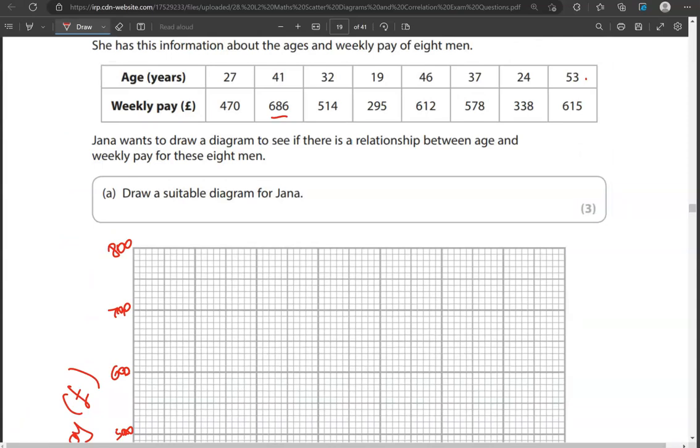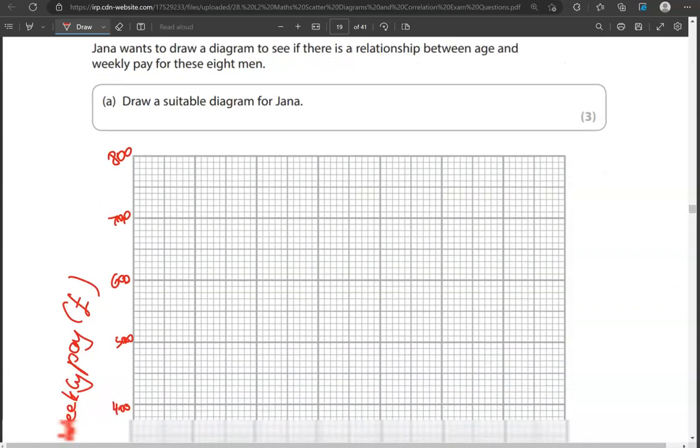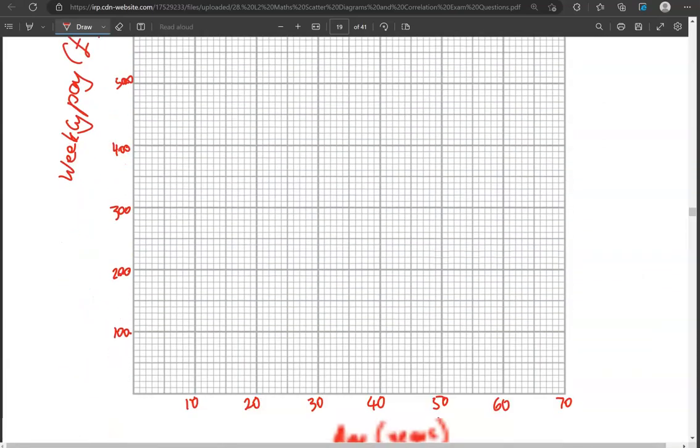So we have age 27, weekly pay 470. So going up to 470.